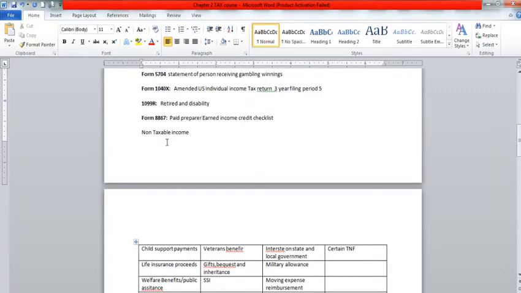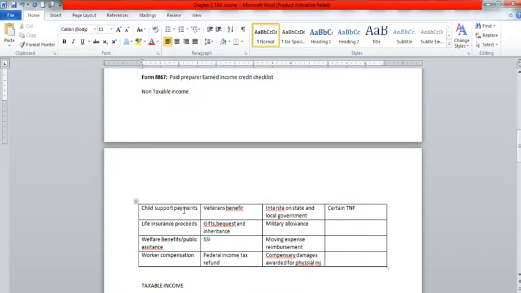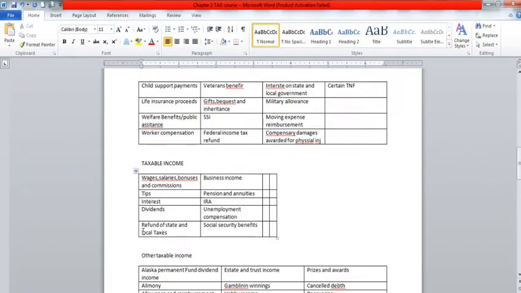So these are some non-taxable income: child support payments, veteran benefits, life insurance proceeds, workers' compensation, federal income tax refund. Obviously, that money you get is not taxable. These are some of the things that are non-taxable income. They can't tax you on this. These are some taxable incomes right there: wages, salaries, bonuses and commissions, business income, tips that you get, pension, annuities, interest, IRA, dividends, unemployment compensation, and all that.